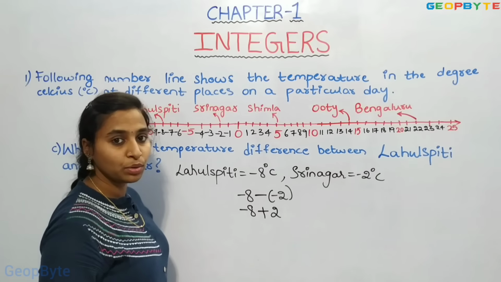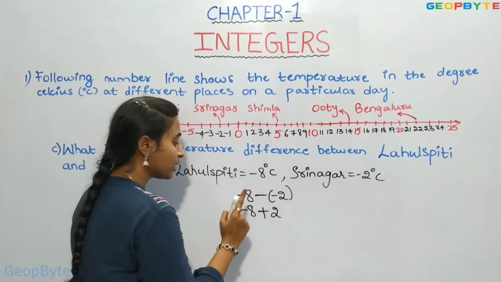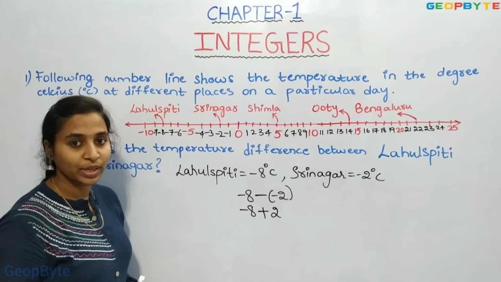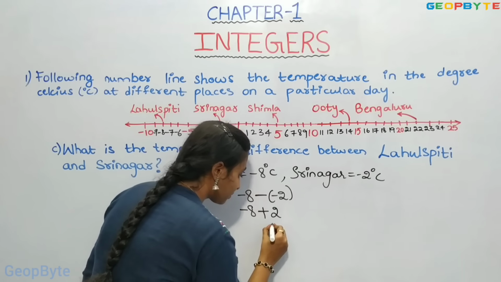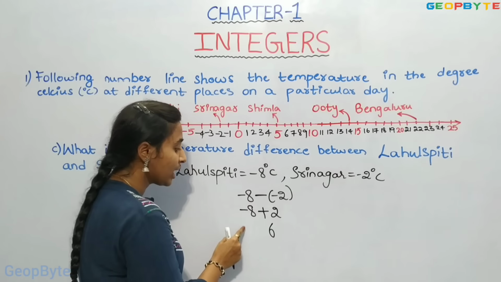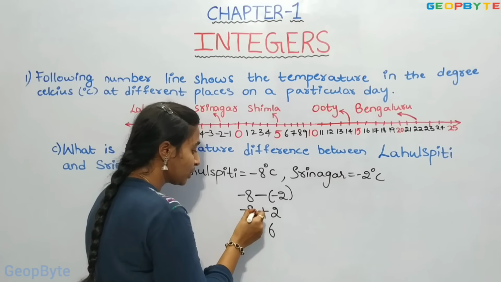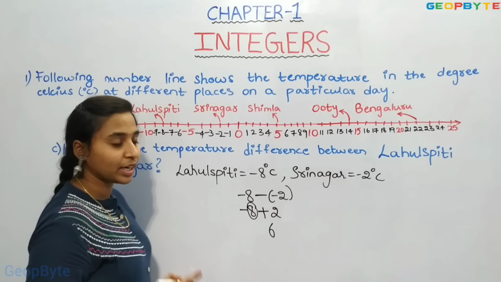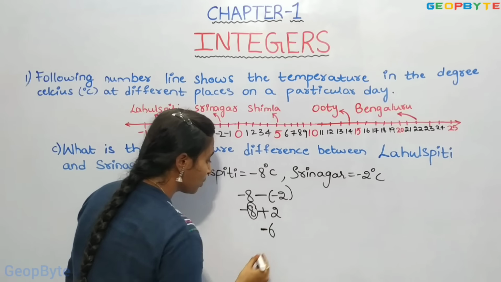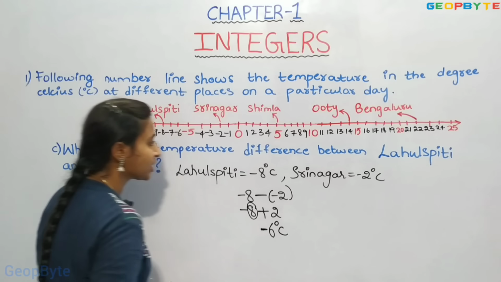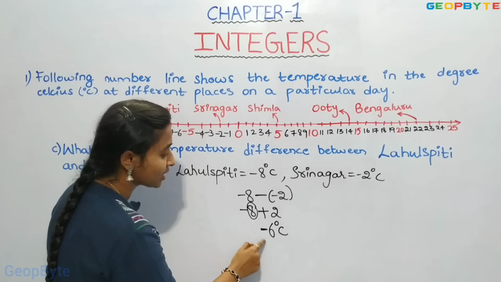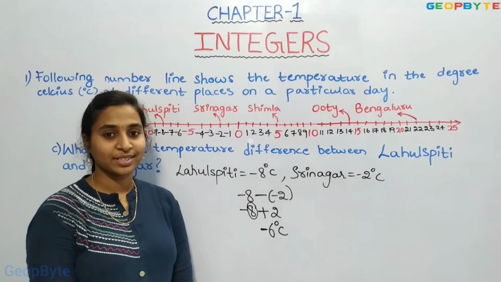Now, we need to subtract because there is one minus and one plus. 8 minus 2 is 6. Another condition you need to remember is that we put the sign of the larger number, that is, we need to put minus on the answer. So the temperature difference between Lahulspiti and Srinagar is -6 degrees Celsius.